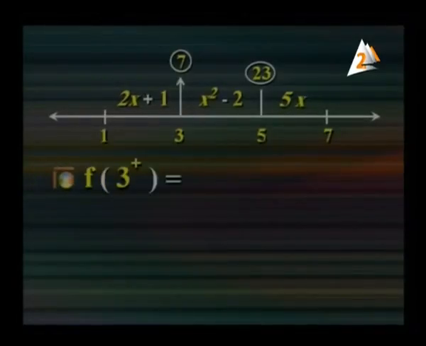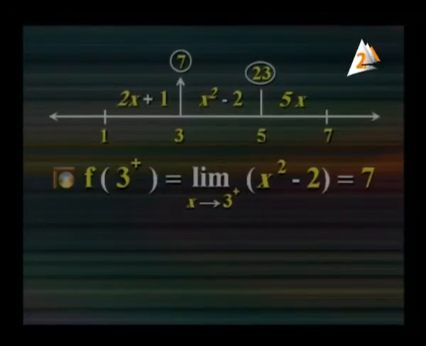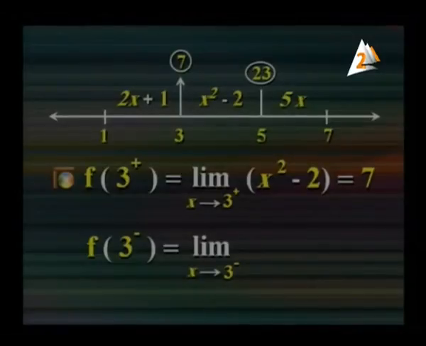Number 2, f of 3 positive. By substituting x equals 3 in x power 2 minus 2, the answer is 3 power 2, 9, minus 2 equals 7. f of 3 negative equals 2 times 3 plus 1, also equals 7.